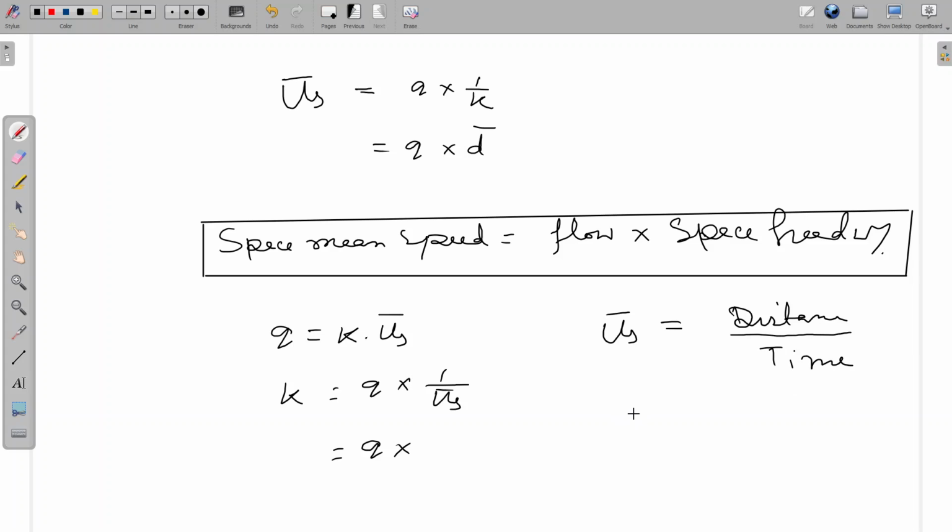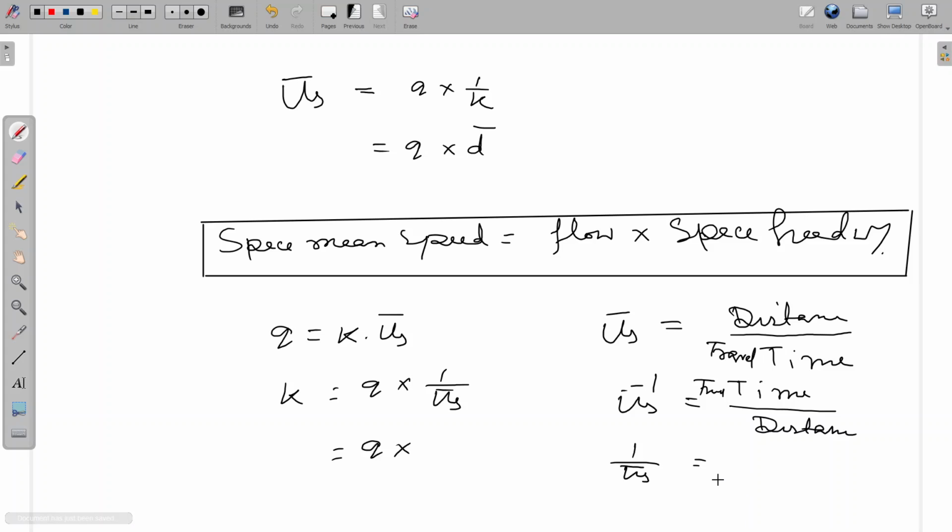Right? Now, if you take the inverse of this, the inverse is nothing but total time over distance, where the time is the travel time. So 1 upon speed is nothing but travel time over distance.